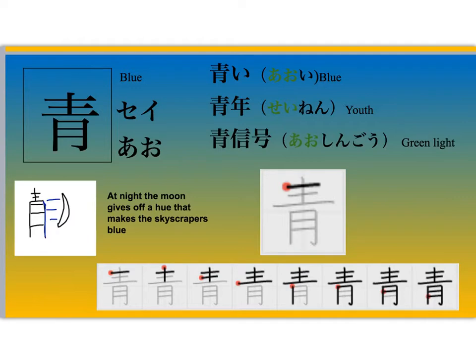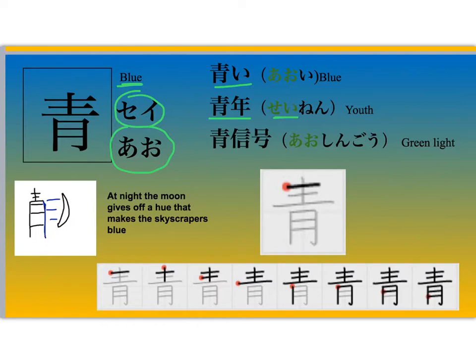I guess if we're going to learn red, we might as well learn blue. The onyomi, the Chinese reading, is sei. The kunyomi is ao, so aoi. This is an interesting use of blue, but seinen means youth. So I suppose the years in which you are sort of blue. I'm not sure why blue is associated with youth, but anyway.